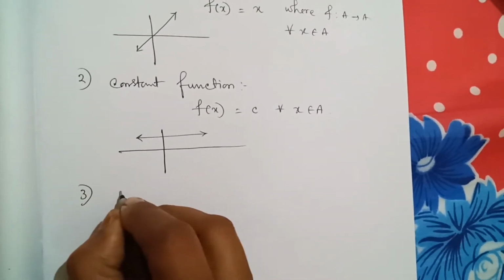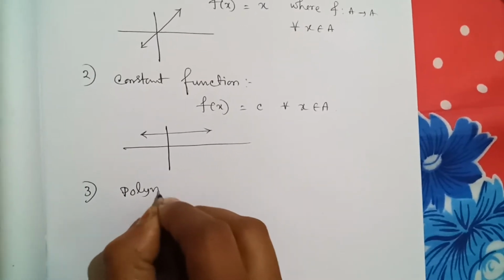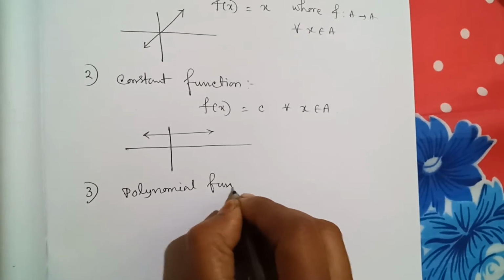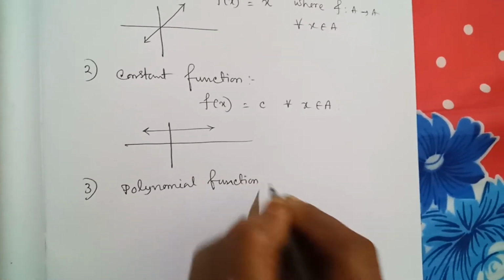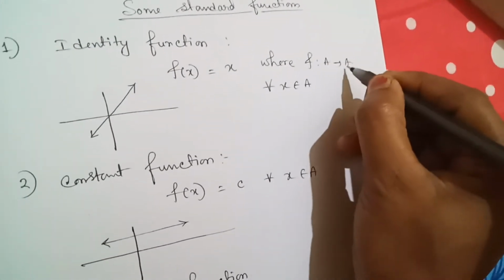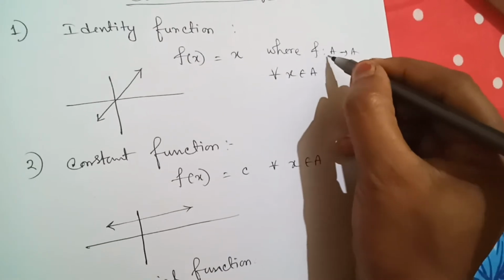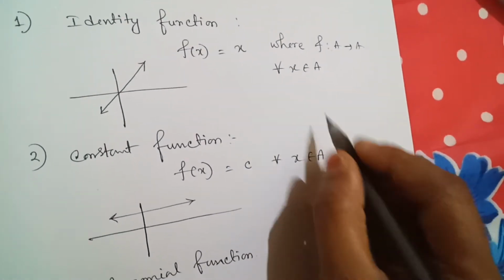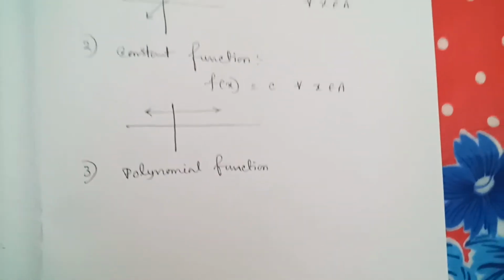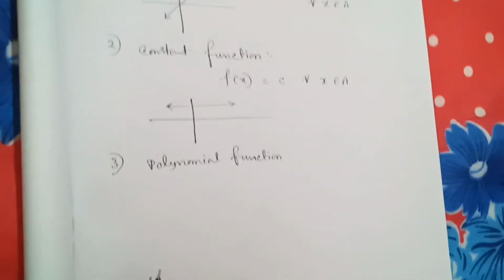Coming to number three, it's the polynomial function. Another thing, this A, obviously you can take R to R, because all we are discussing today are real functions and real valued functions.